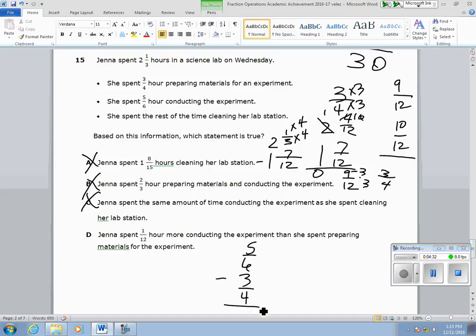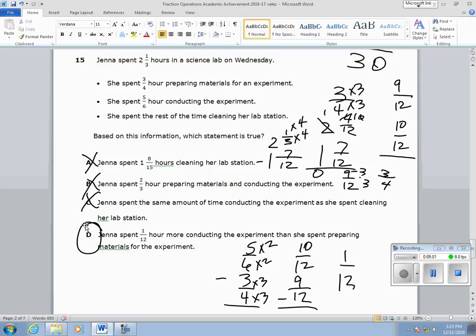The common denominator is going to be obviously 12, because we already said it many times, your multiples of 6 and your multiples of 4. To get there, you multiply by 2. That gives you 10. This one would be 3, 3. That's a 9. So now you're able to subtract with common denominators. 10 minus 9 is 1, and then your common denominator is 12. So D is actually the correct true statement, and is your answer.